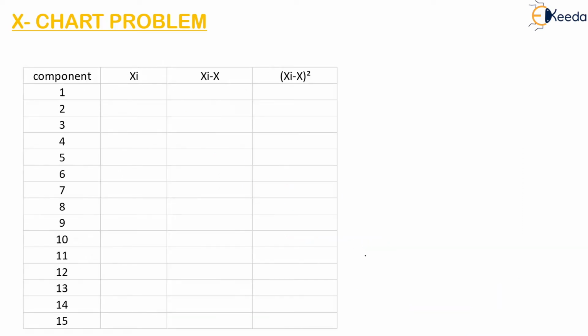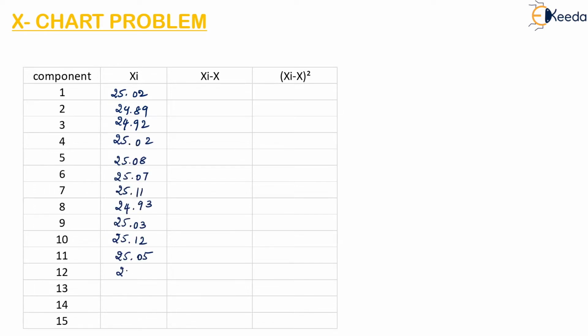From the table which I have drawn here, we note down all the xi values which have been given: 25.02, 24.89, 24.92, and 25.05.